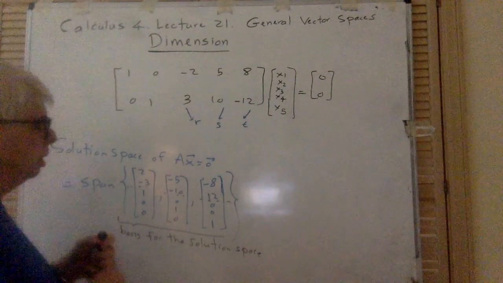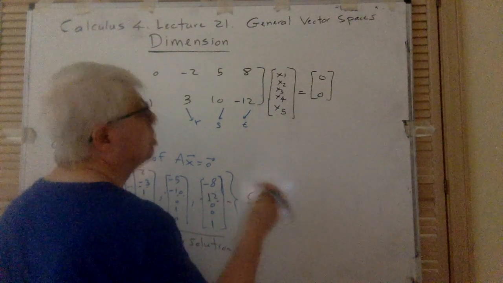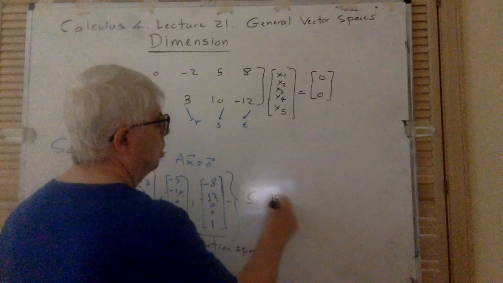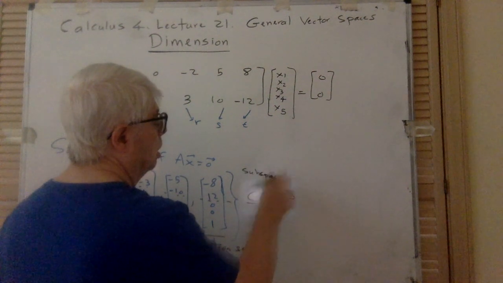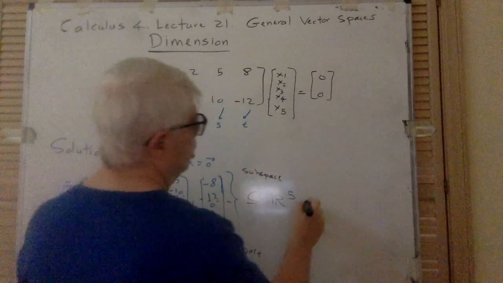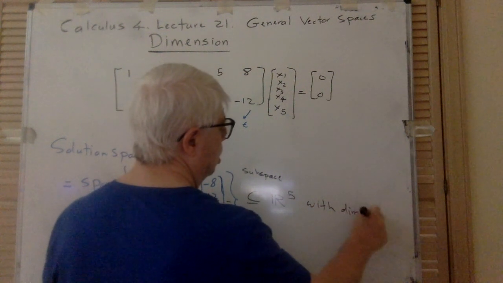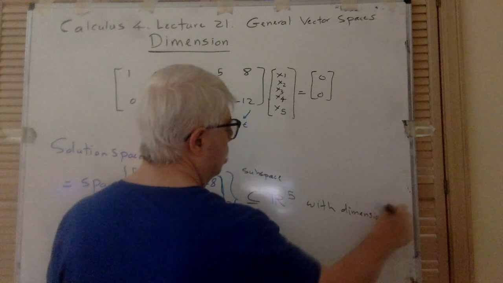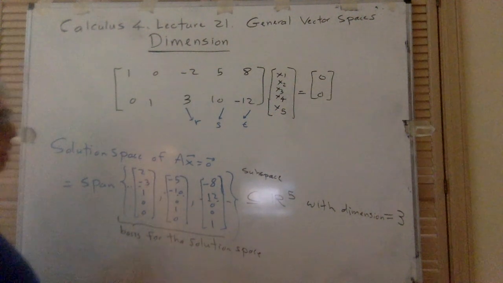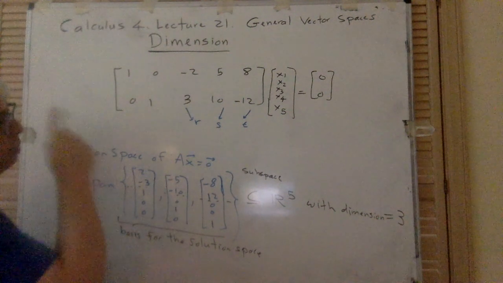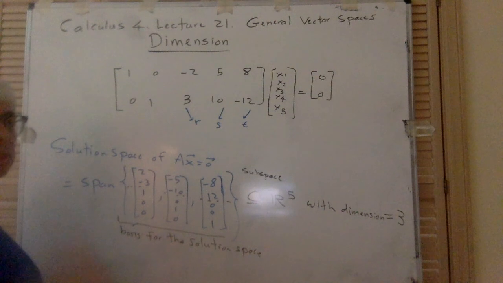It means that this solution space, not just that it is a subset or subspace of R to the power 5, what is the dimension of this? With dimension equal to 3. So the solution space of this system of equations is a subspace of R5 of dimension 3.